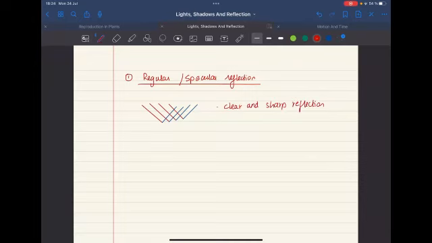Like the ones you get in a mirror, you get a clear and sharp reflection in a mirror. So for example, you have a mirror over here. What is a mirror made up of? A mirror is made up of glass, normal glass, coated with a uniform layer of a highly reflective material. This reflective material is in the form of a powder.